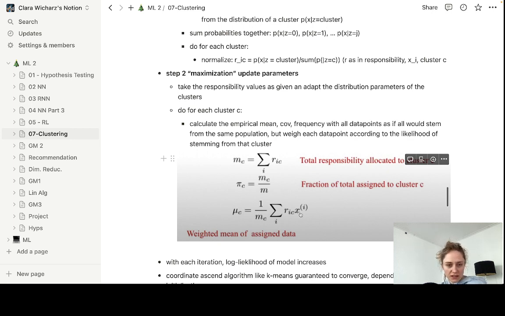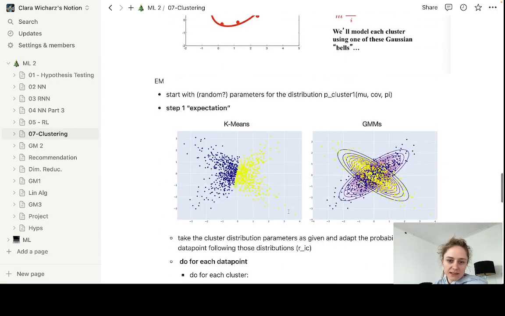We do not have hard clustering, so we don't just take all the values that are only in cluster 1, but we take all the values, however weighted with the probability of the data point to actually belong to that cluster. So we do not have hard clustering, but we still have information. Data points that we previously assigned to this cluster play a bigger role in the new centroid than data points that we assumed do not likely belong to it. And this is why this is called soft clustering. And this is it.